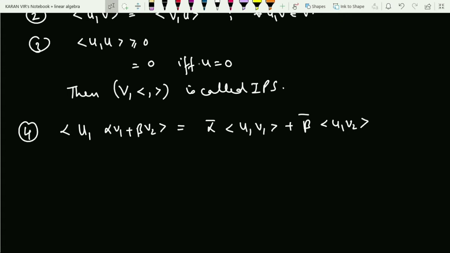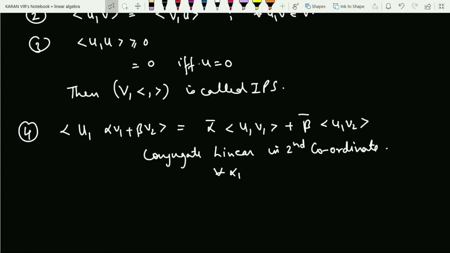This property is also known as conjugate linear in the second coordinate. So you can easily see that it is conjugate linear in the second coordinate. Of course alpha and beta come from the field, and u, v1, v2 all come from capital V.